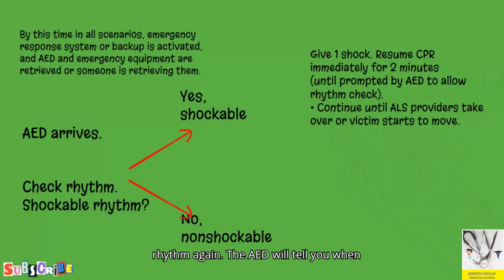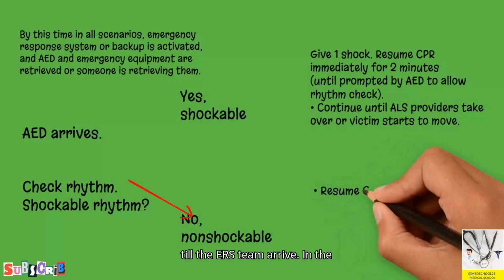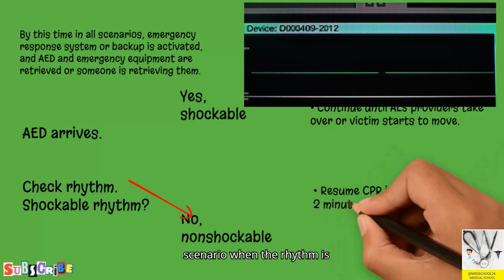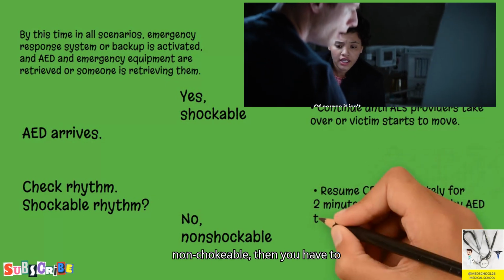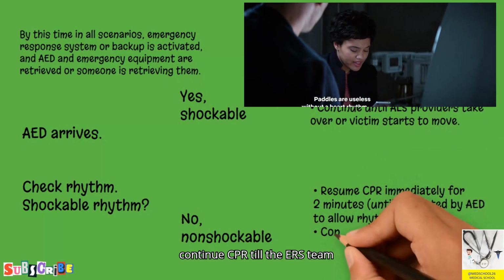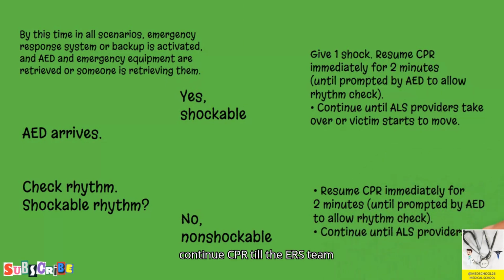The AED will tell you when to check the rhythm. Before that, you have to continue chest compression. If the rhythm is still shockable, the AED will give another shock. If still there is no response, then you have to continue CPR till the ERS team arrives. In the scenario when the rhythm is non-shockable, then you have to continue CPR till the ERS team arrives.